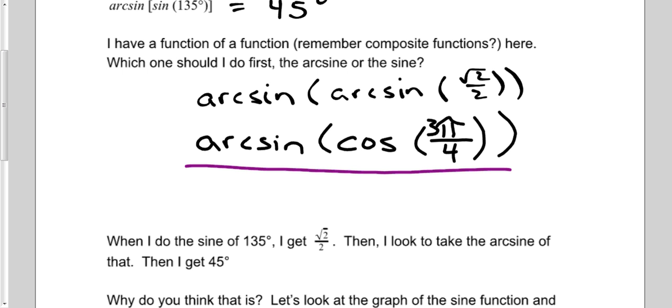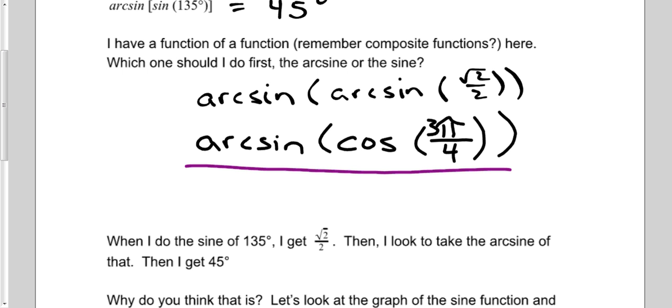Rephrase it. What's the complementary angle of pi over 4? 45 degrees. That's all this is asking. That's all it's asking, is what's the complementary angle. Why am I saying that?